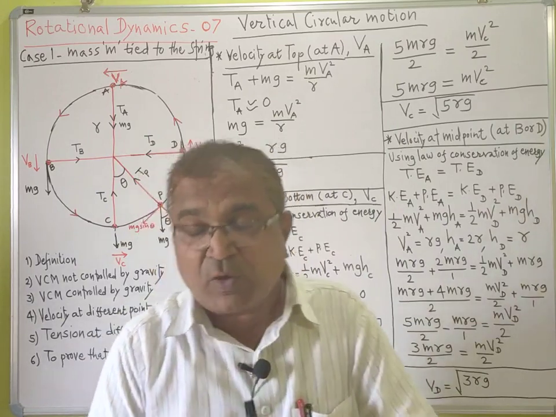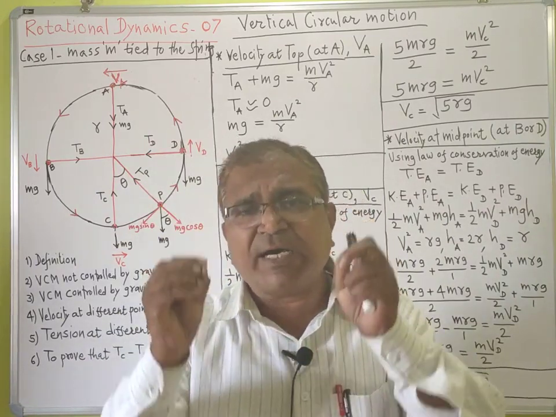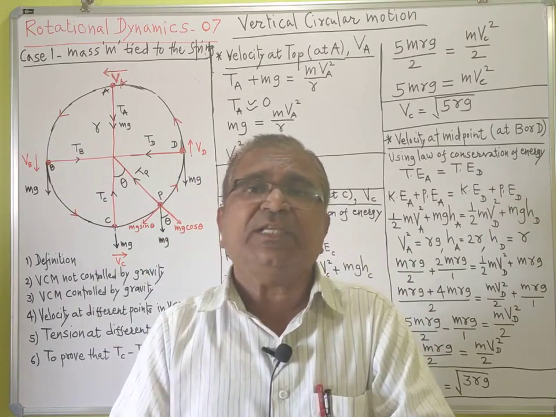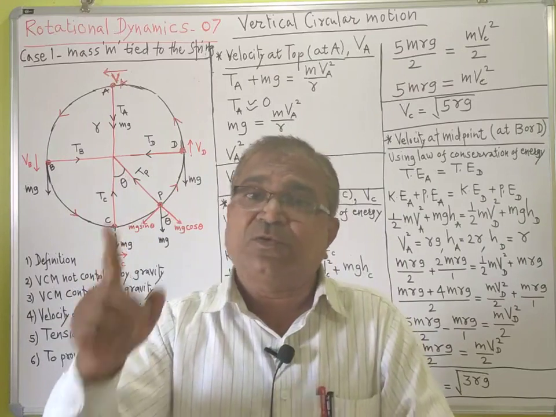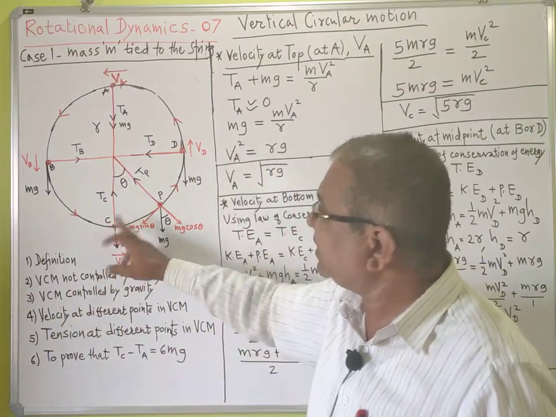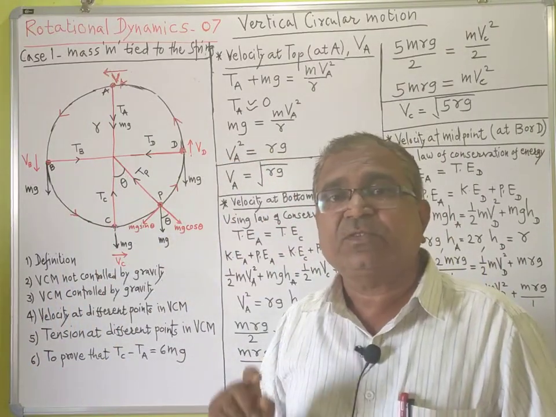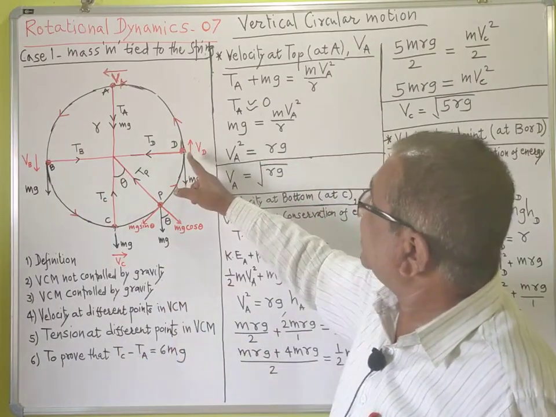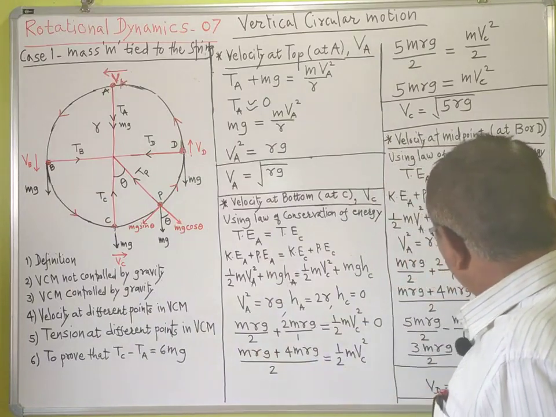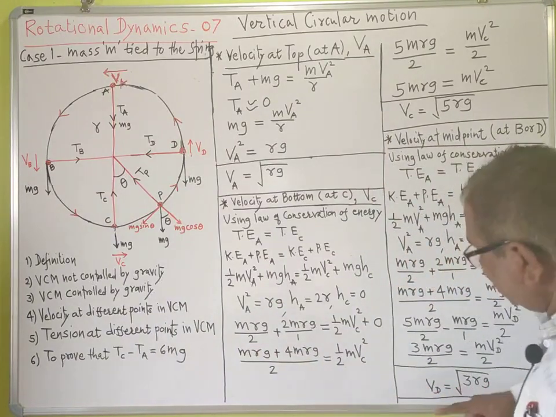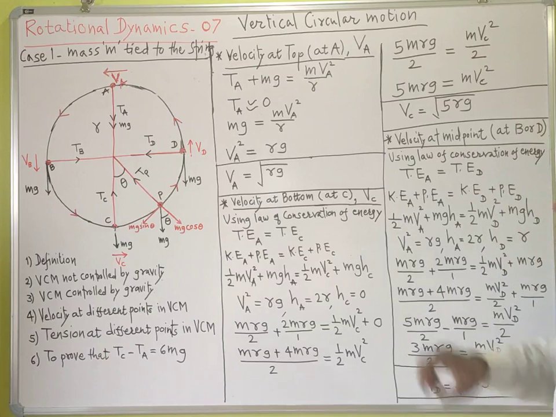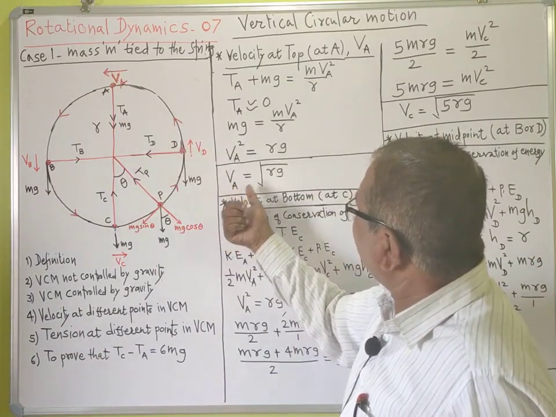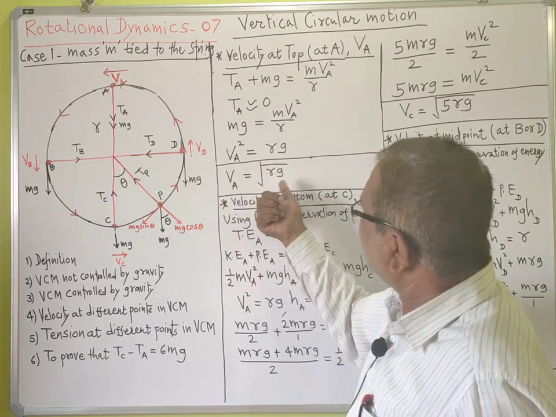So you have to remember always, permanently in your brain, that velocity at C point is root of 5rg. Velocity at D point is Vd equal to root of 3rg, and velocity at A point is Va equal to root of rg.